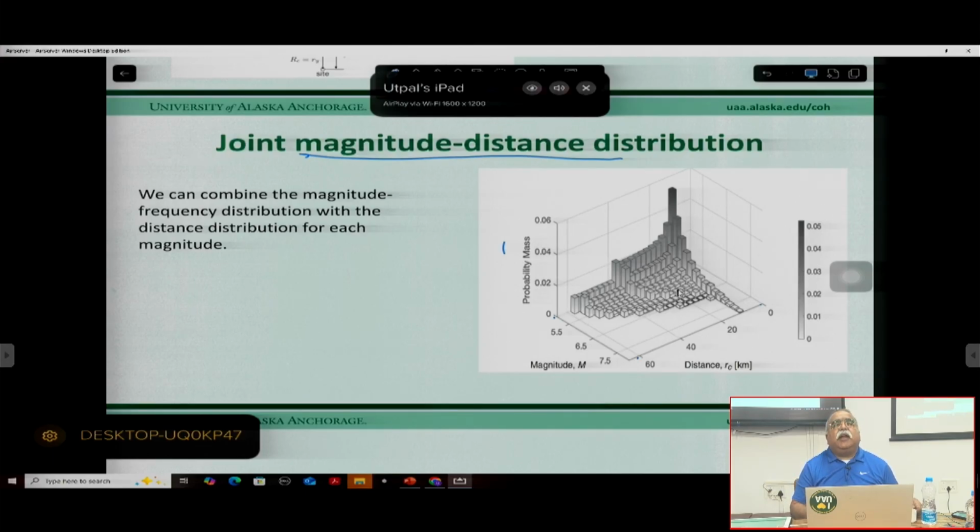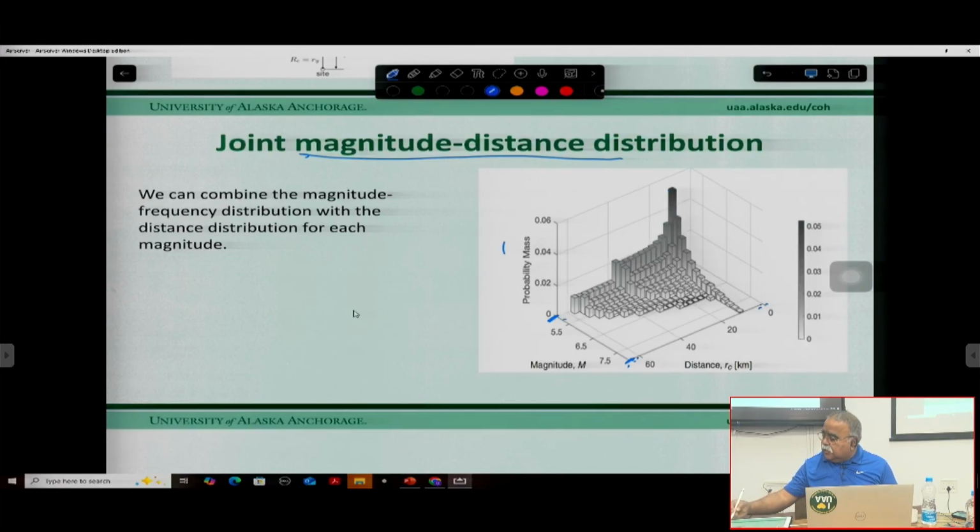Say suppose this is your 5.0 to 8.0 magnitude range, and for this magnitude range at a distance from 0 to 60, various probabilities may occur, and at some distance for some magnitude there is a highest probability of occurrence, right?